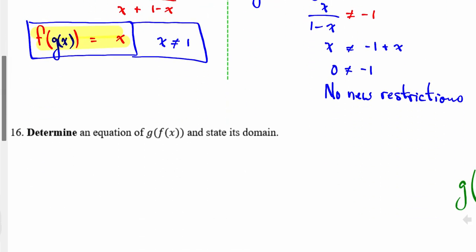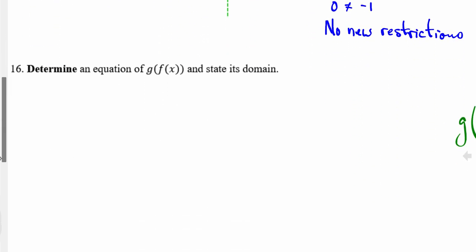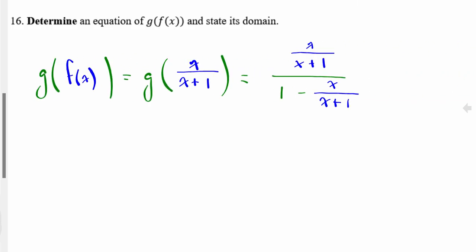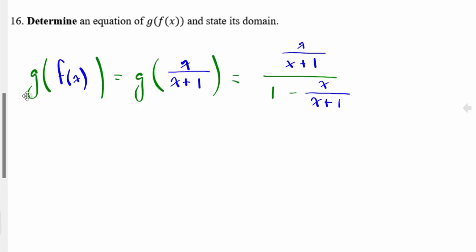There's another question. G of f of x, can you state its domain? Pause the video and you can work through this. Restart when you're ready. Again, I can go through the steps.